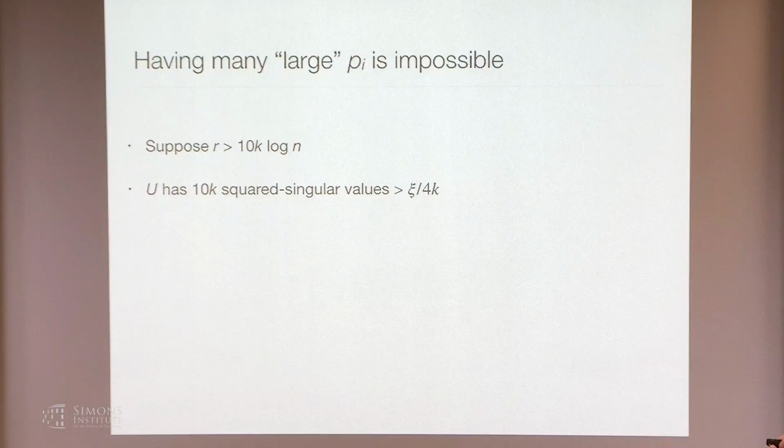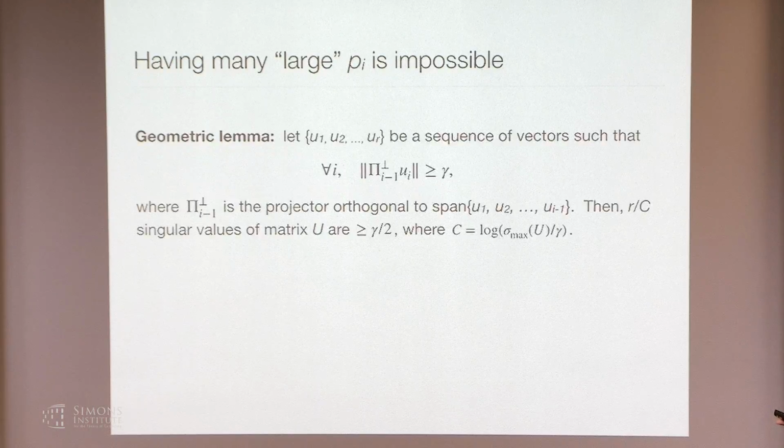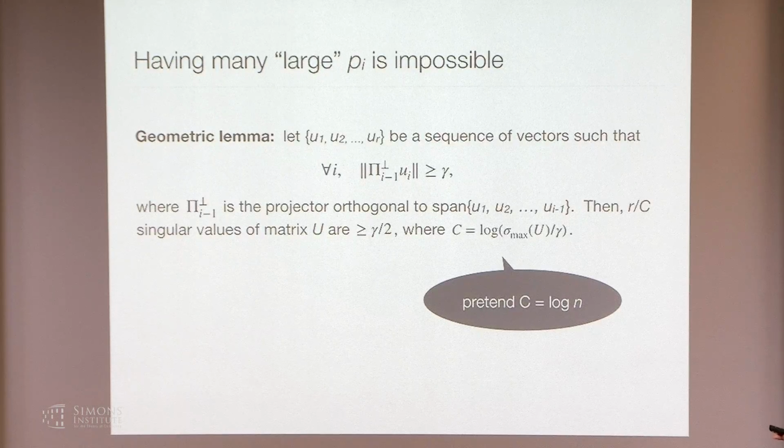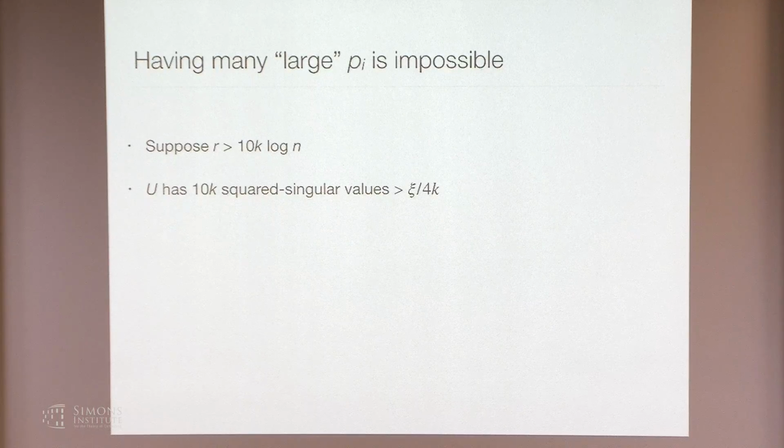Why is this relevant to us? We wanted to show that having many large PIs is impossible, many PIs that are 1. Now let's suppose that you had r of these PIs that were all 1.